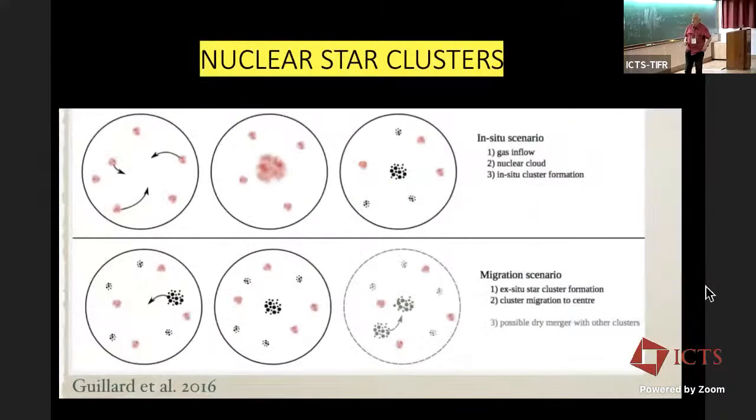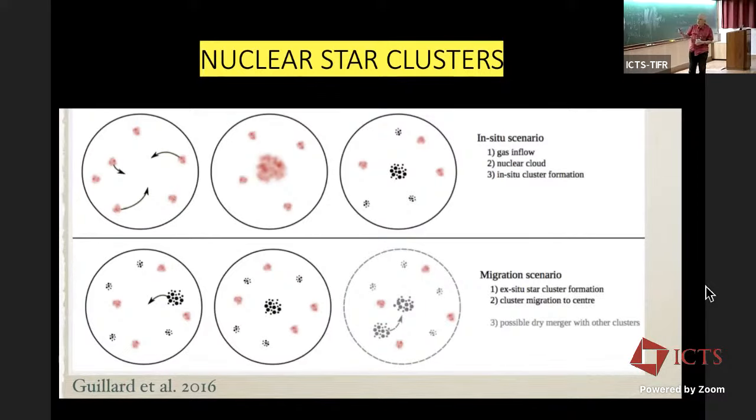Okay, so here is a cartoon for the scenarios I'm talking about. To make these nuclear star clusters, you could imagine that you form some very dense cloud and you make stars in situ, or else you can have many smaller star clusters merging together to make these nuclear star clusters, and then they migrate into the center.